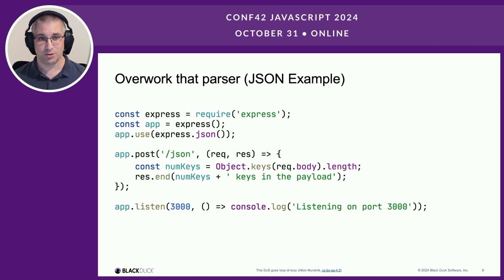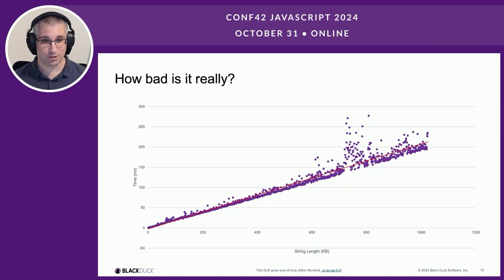A nerd will tell you about something they're passionate about with a graph. So indeed, I graphed this out. I graphed out the time it takes to serve this request as a function of the length of the JSON in the body in kilobytes, for argument's sake. And we can see it is more or less linear.